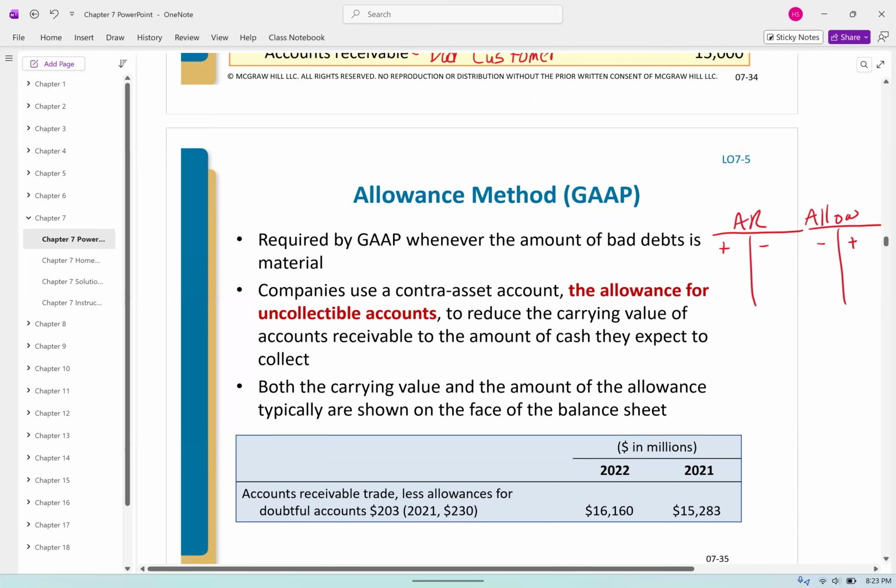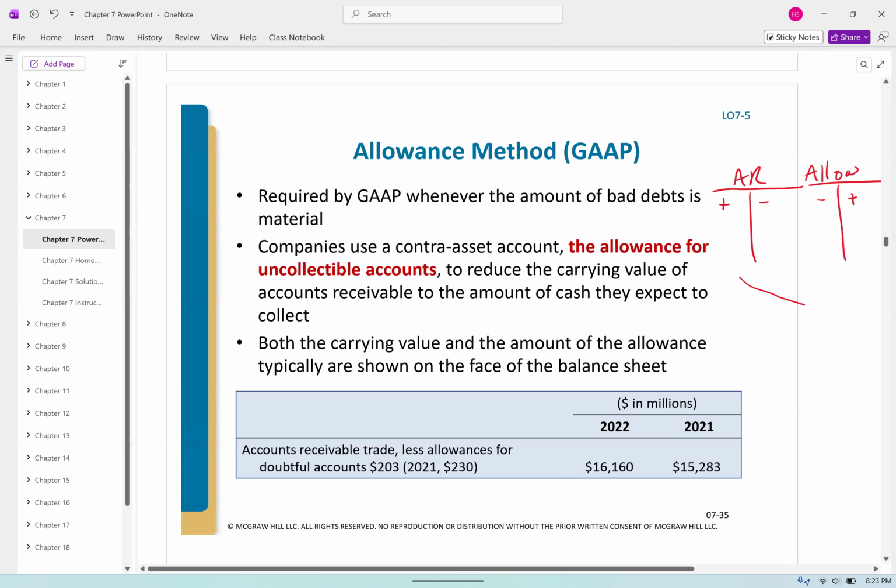Okay. So the carrying value is those two accounts together. So you can see here in this example, we have accounts receivable less any allowances for doubtful accounts. Okay, sometimes they call that net accounts receivable or net realizable value.